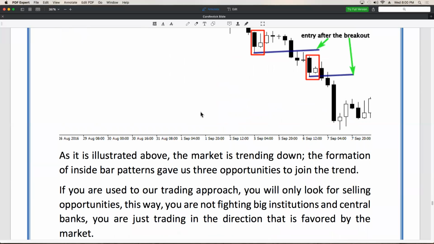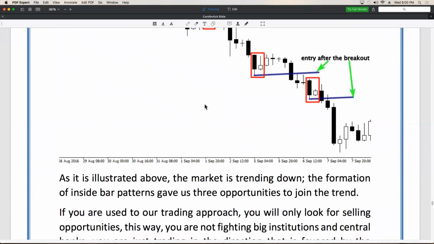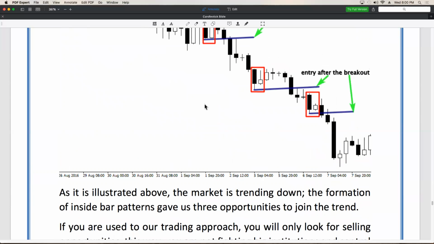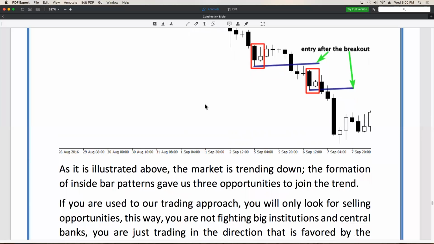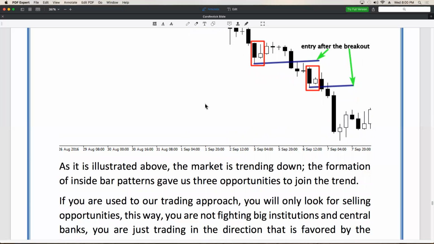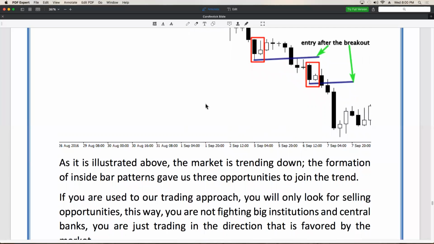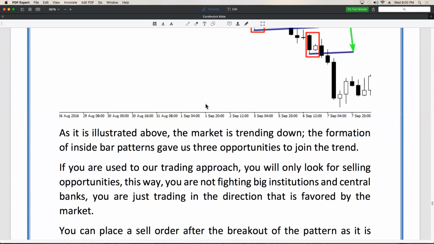Okay, well that's because we've got to get this now. Everybody's got to get this. As illustrated above, the market is trending down. The formation of an inside bar pattern gives us three opportunities to join the trend. If you are used to a trading approach, you only look for selling opportunities this way, and you are not fighting big institutions, central banks. You're just trading.